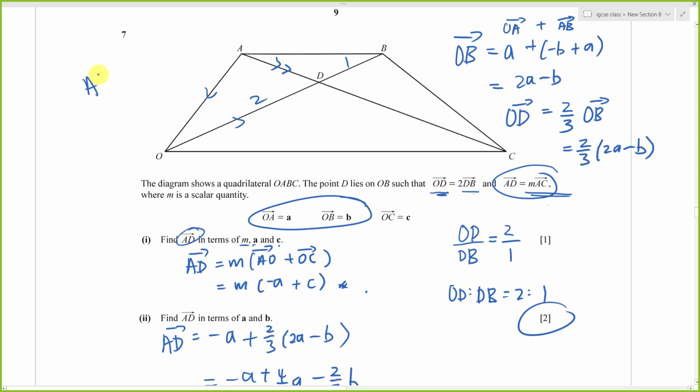Okay. AB itself will be AO plus OB. AO will be negative A plus B. So I accidentally wrote the negative B plus A. So this is the reason why the whole thing will be wrong. Yeah, will be negative A plus B.